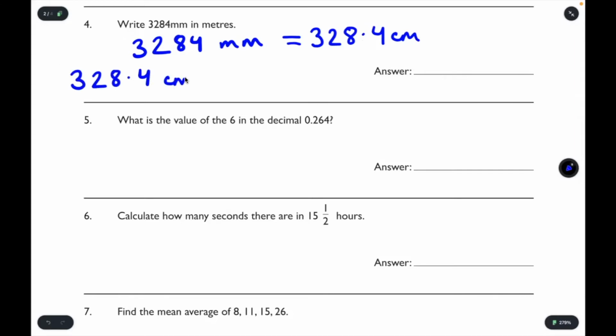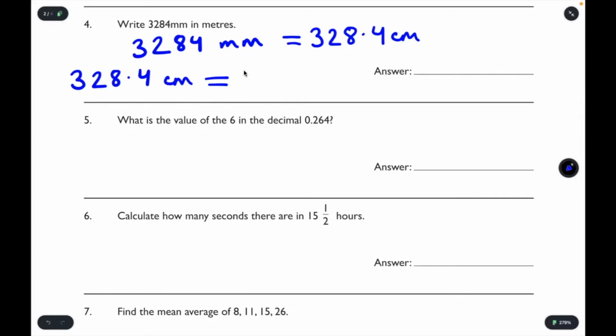And now that we've got 328.4 centimeters, we now need to take this to meters. So there are 100 centimeters in 1 meter. So if we just have an estimate, we can say that 300 centimeters would be 3 meters. So if we have 328.4 centimeters, we are expecting this to be a little over 3 meters.